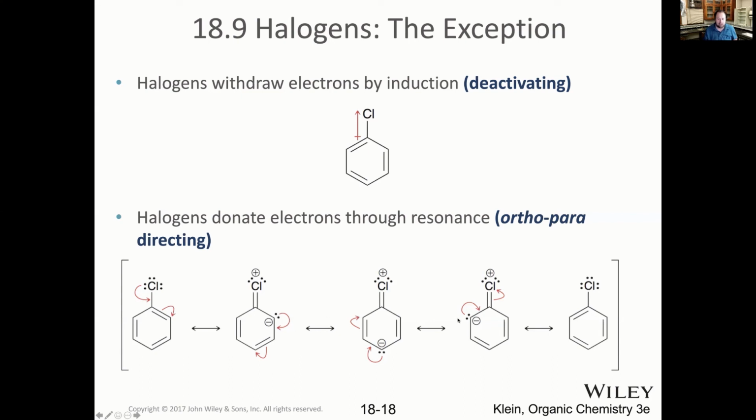Ortho, para, ortho. So there's this weird competing situation where the halogen atoms draw electron density out due to the electronegativity of the atom, but via resonance, they do show that the ortho and para positions have a little bit more electron density than the meta position.